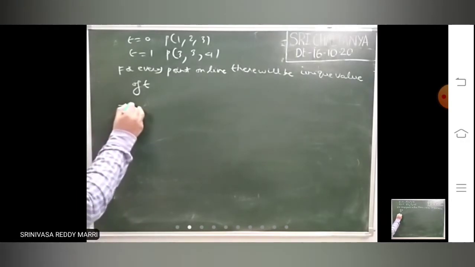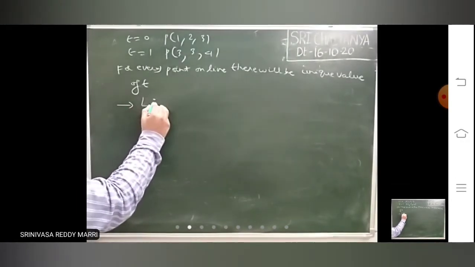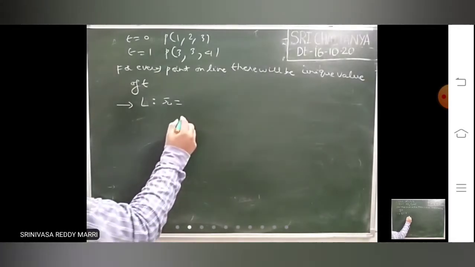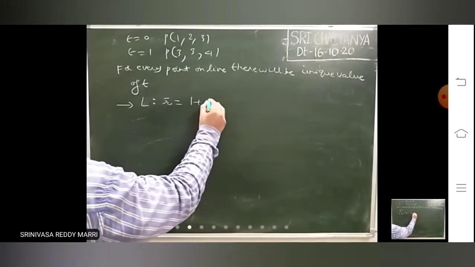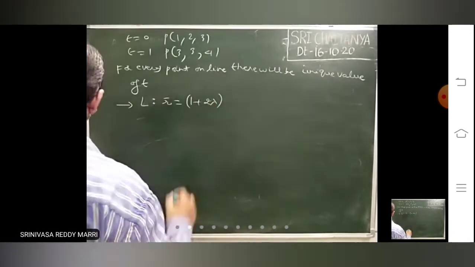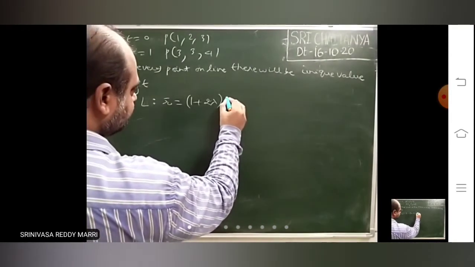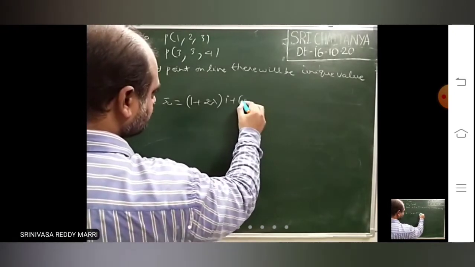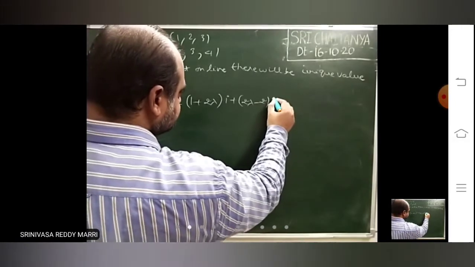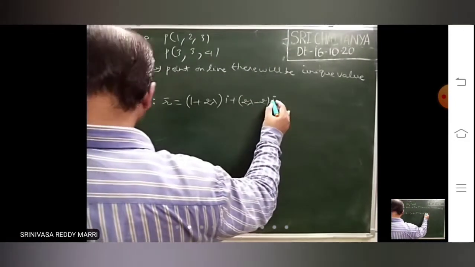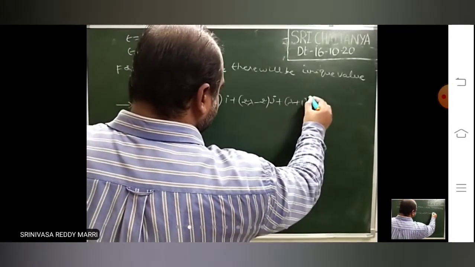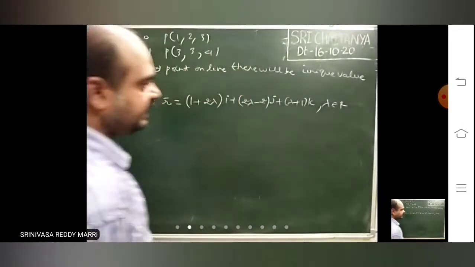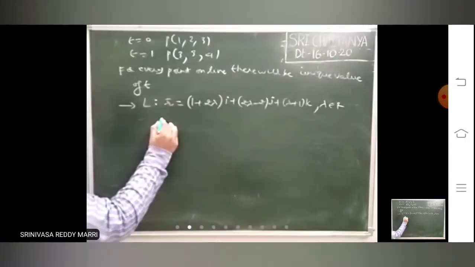Look at, suppose you take one question. Suppose a line L is given like this: (1 plus 2 lambda) into I plus (2 lambda minus 2) into J plus (lambda plus 1) into K. If it is given like this, it is not in standard form.